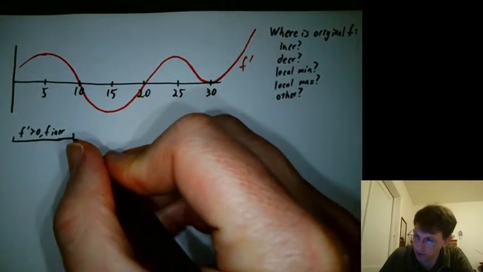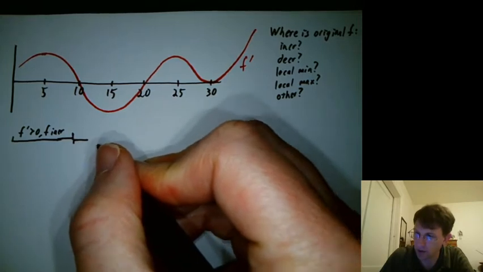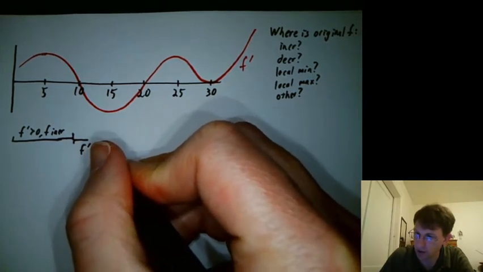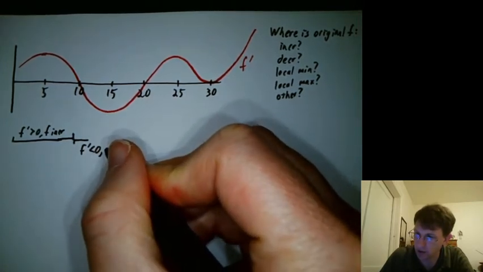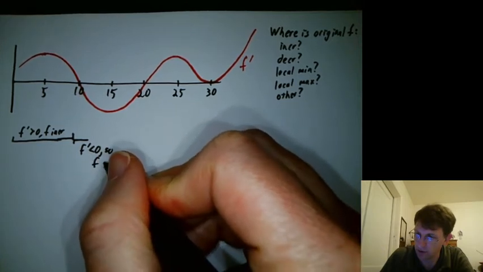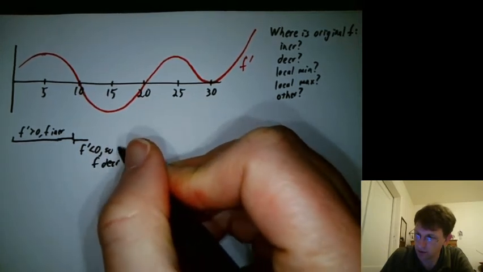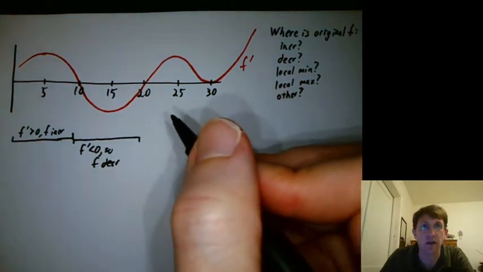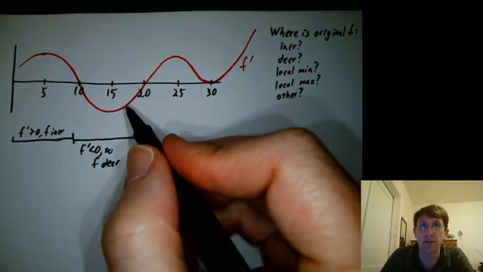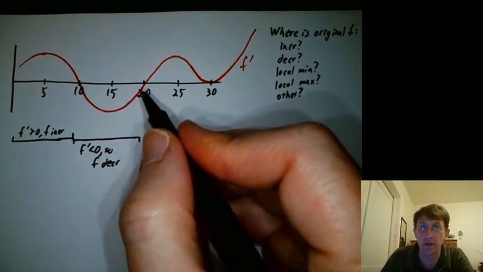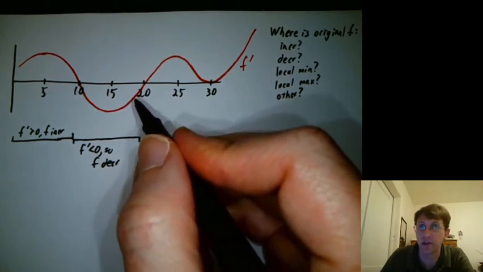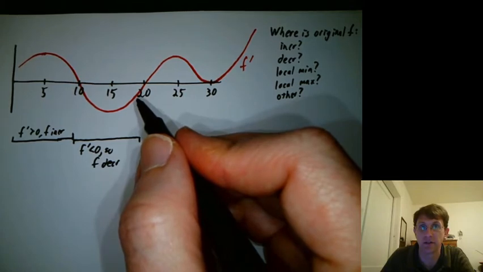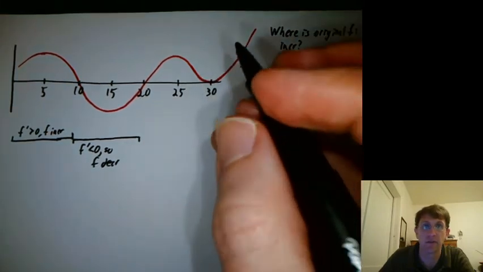And then from 10 up to where, we'd say f prime is negative, so f is decreasing. All the way up to 20, f prime is negative. Even though f prime is itself increasing here, f prime is still negative, so f itself, so the original f, is decreasing.